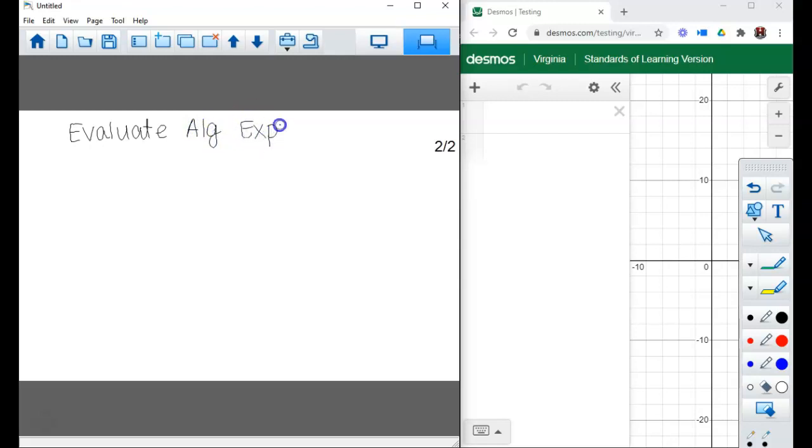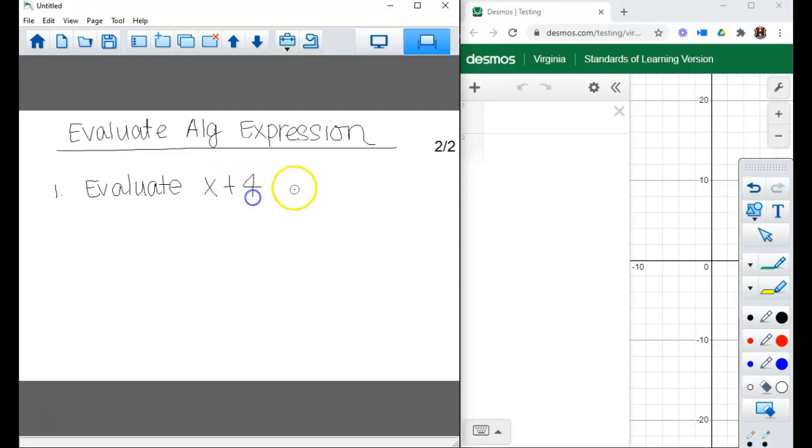And you've actually done this before, so it's not like we have to completely start from scratch here. Here's what these problems are going to look like. They might say to you, evaluate x plus 4 if x is equal to 7. So this expression is telling you to take whatever x is and add 4 to it.